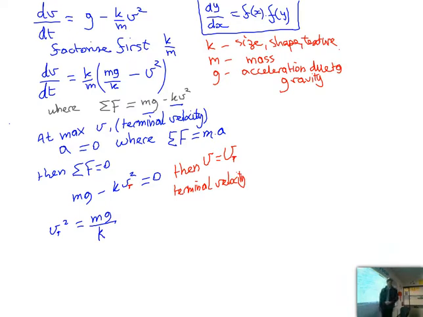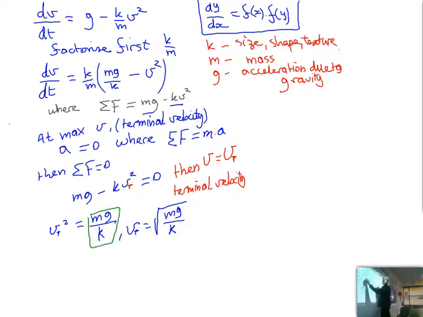Okay? And of course from there, terminal velocity squared is mg on k. So, this here, where is this term?